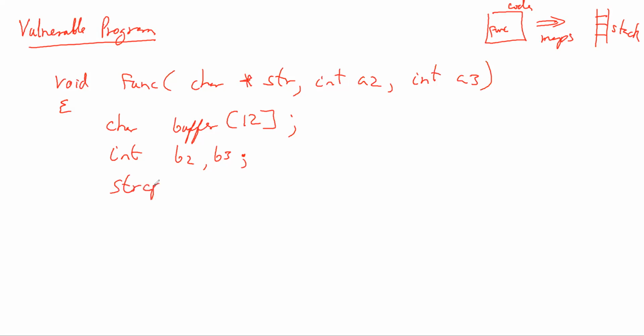Now there are many functions in C. Some check boundaries. This one doesn't. String copy, whatever the input is, grabs it and writes it to whatever the output is. Okay, so for instance here, I have buffer, comma, string.